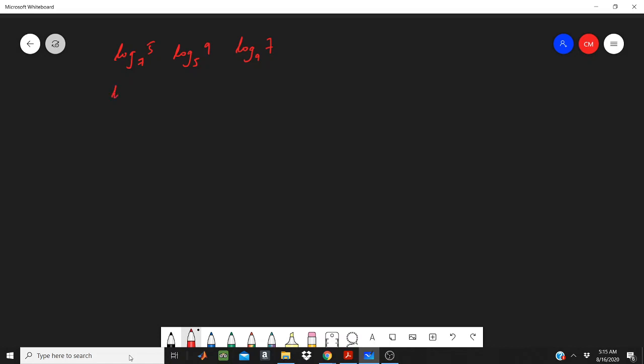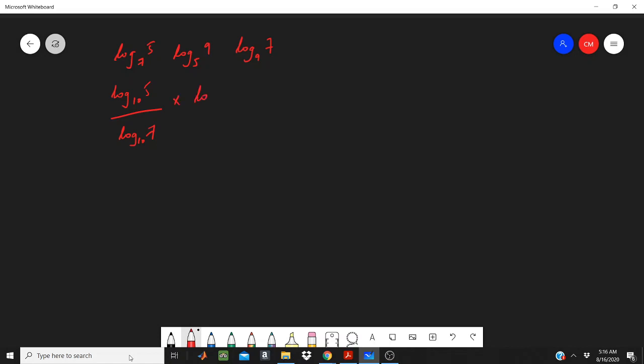First term we wrote as log 10 of 5 over log 10 of 7. If you don't understand how this came about, then just go back a few seconds ago and see how we got this from the rule that we wrote in green.